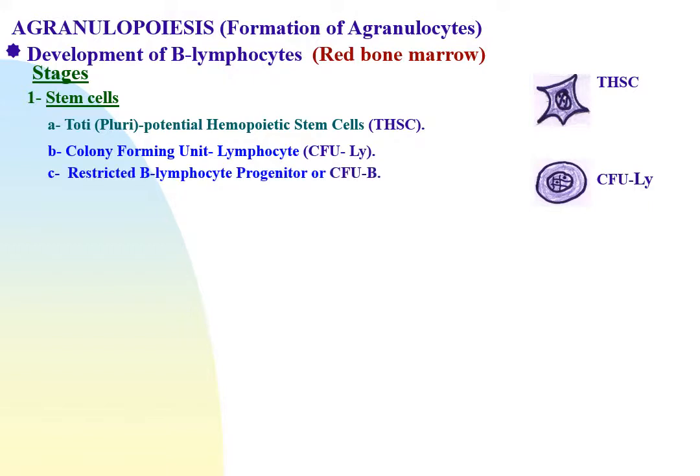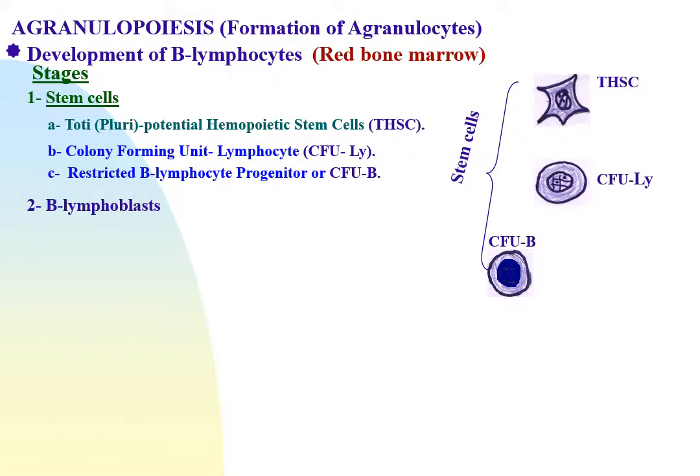Restricted B lymphocyte progenitor, or colony-forming unit B lymphocyte. These are further restricted stem cells only to form B lymphocytes. They are rounded with lightly basophilic cytoplasm and a large rounded nucleus.